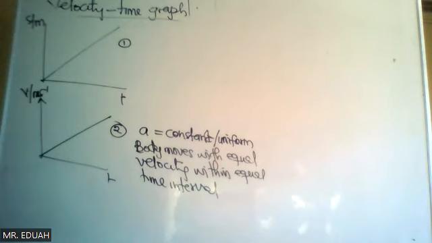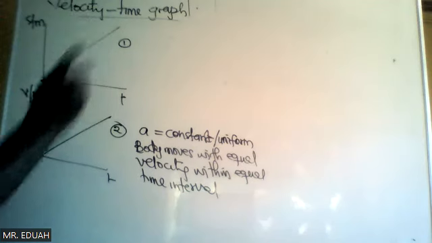So it's like from 0 to 4, 6, on and on and on, so that when you plot the velocity time graph, you get this.